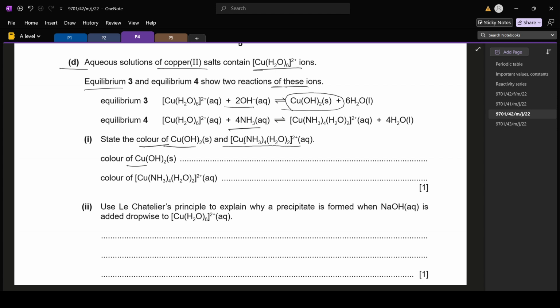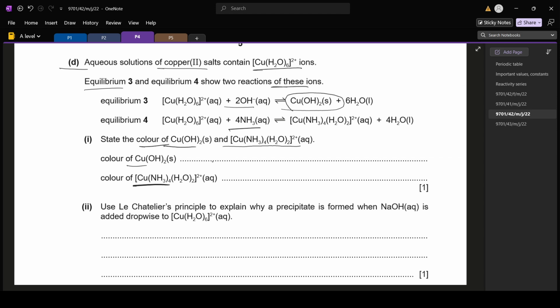When we add excess ammonia, we get a deep blue solution. When we add sodium hydroxide to the copper 2 plus ion, we get a blue precipitate. That blue precipitate is due to copper 2 hydroxide, and that deep blue solution is due to this complex ion.